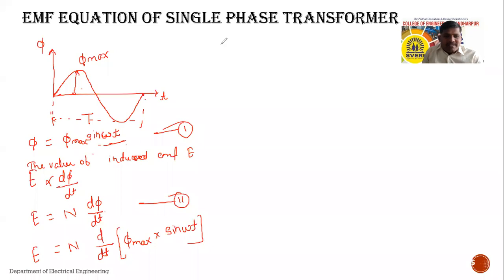What we have done here is represent the flux equation, phi is equal to phi max sin omega t, because here it is a sine wave.